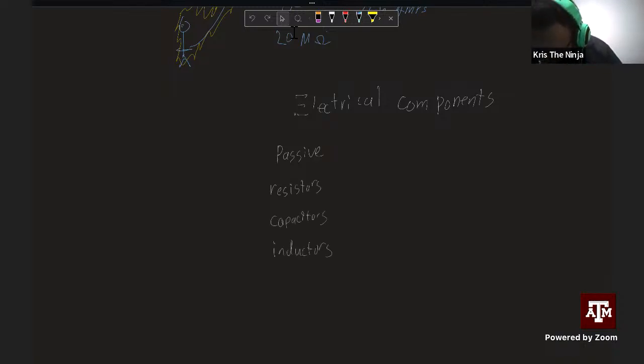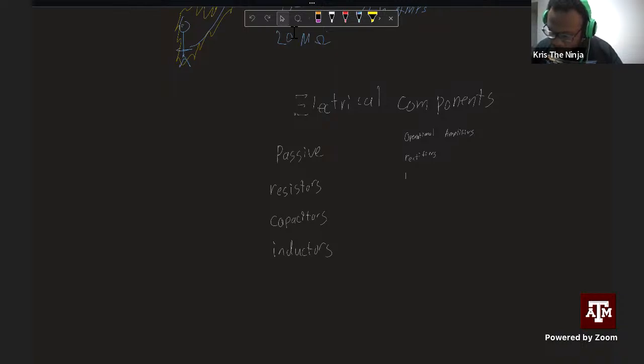So we have operational amplifiers. We have rectifiers. We have transformers.